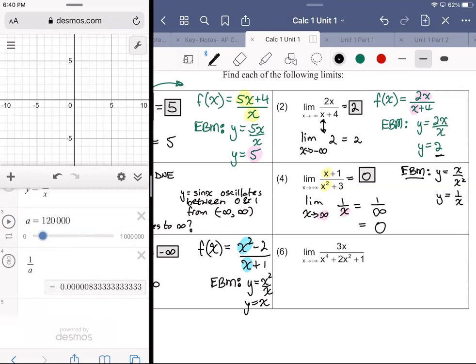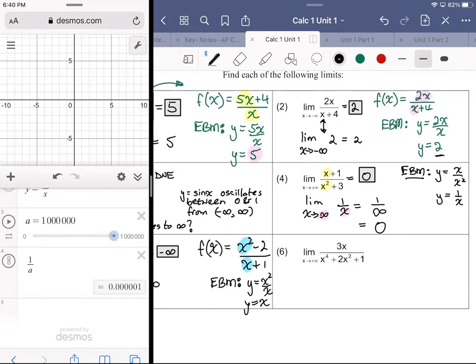So 1 over 120,000, very tiny decimal. 1 over 330,000, even smaller. 1 over 540,000, getting even smaller. 1 over 740,000, getting smaller, getting smaller.